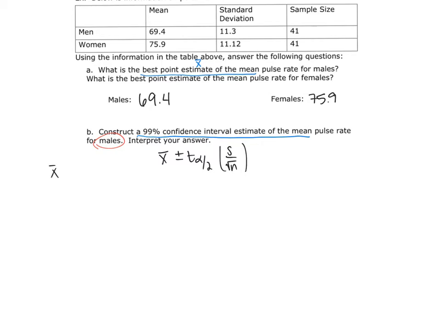We know that x bar for males is 69.4. The standard deviation for males is 11.3. And the sample size for males was 41. Alpha is equal to 0.01 because we're finding the 99% confidence interval.